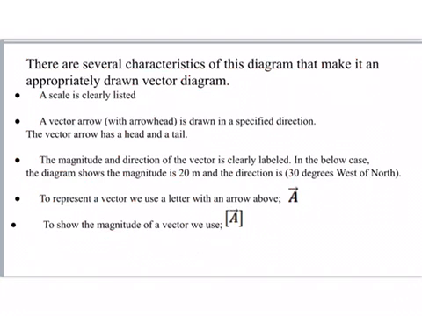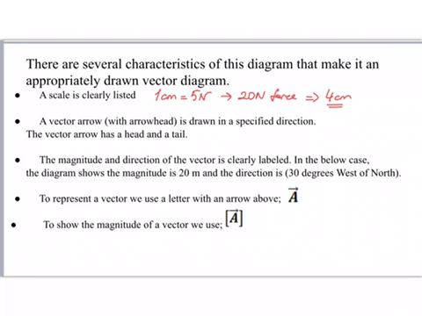There are several characteristics of this diagram that make it an appropriately drawn vector diagram. First, a scale is clearly listed. For example, if I say 1 centimeter is equal to 5 Newton, then in order to represent a 20 Newton force, I have to draw a 4 centimeter vector.